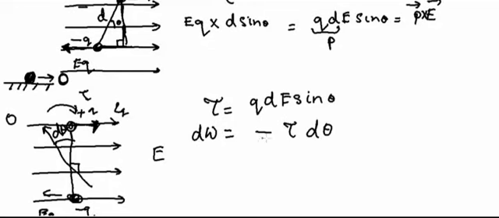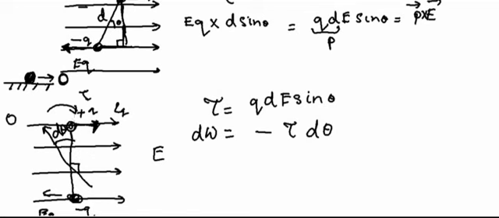Why is there a minus sign? The minus sign is there because the torque is in this direction, and I am giving a displacement in the opposite direction. So the work done by this torque will be equal to minus tau d theta, and this amount of work will be stored as potential energy.